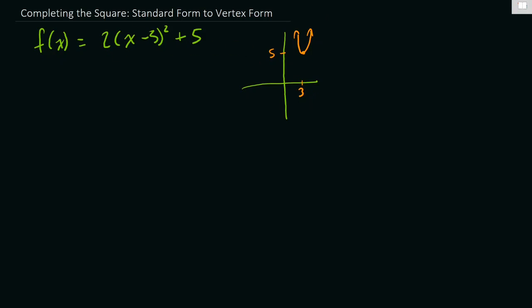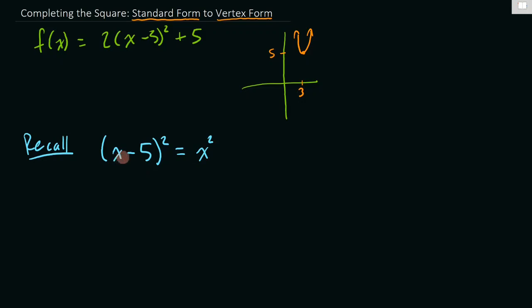So I'm going to show you how to go from standard form to vertex form. But first of all, before we do that, we're going to need to do a quick review of some grade 10 factoring. So recall, if you have (x minus 5) squared, remember that this is going to be x squared.